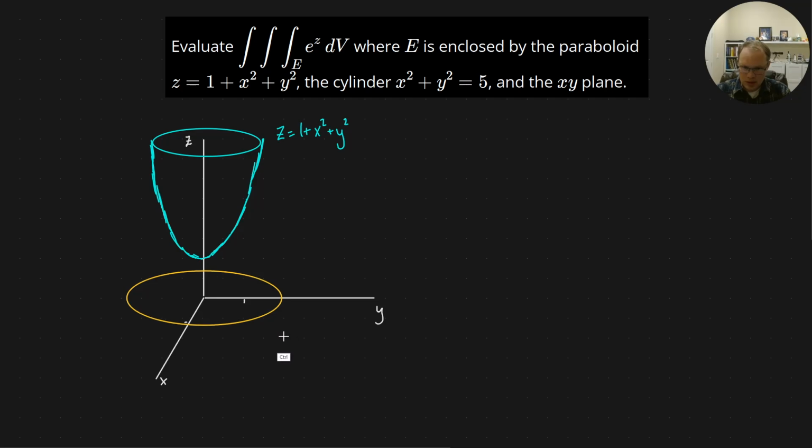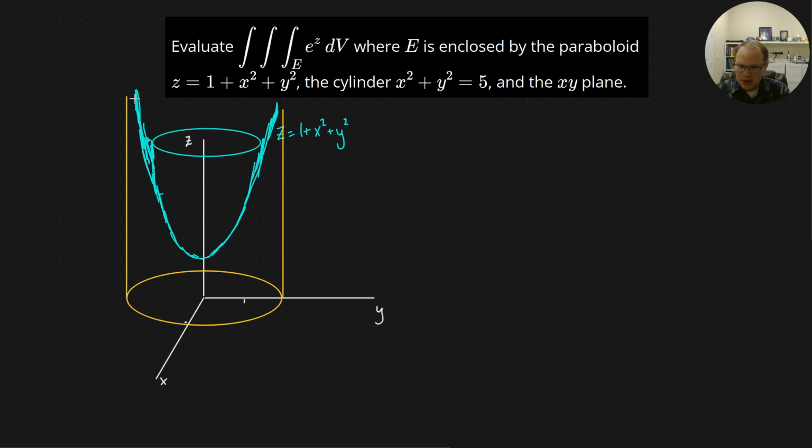Probably will need to extend my paraboloid up a little bit to meet the edges here. Okay, and so that's the circle in the xy plane, and then it goes up. And then also we're bounded by the xy plane, right? So we don't go below that plane.